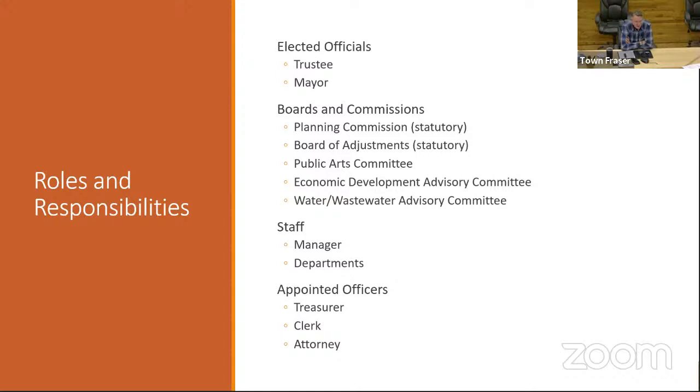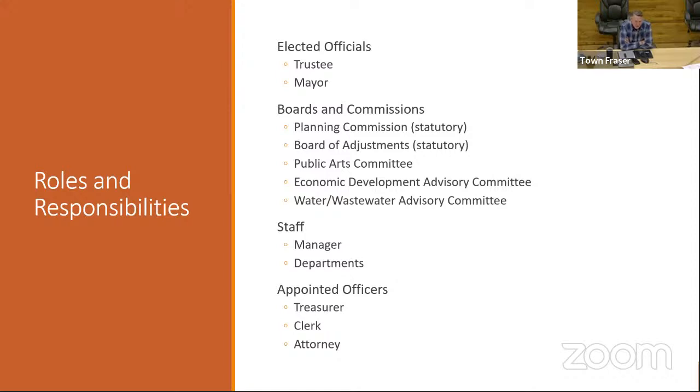The mayor has more of a ceremonial role in that position, and the manager has broad authority over the staff operations. As the town manager, I take my directions from the Board of Trustees, and I serve as the liaison between staff and the departments and the Board of Trustees.